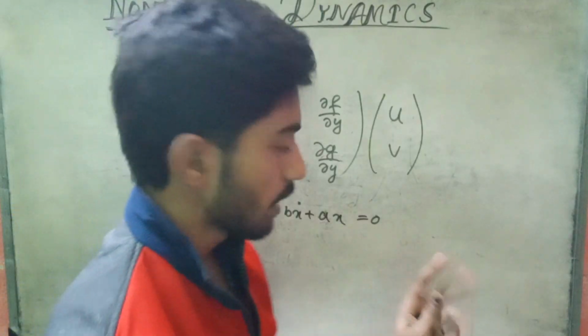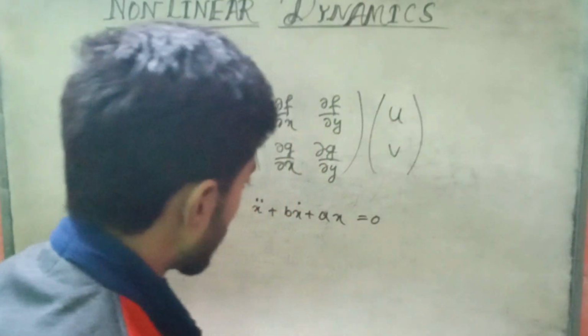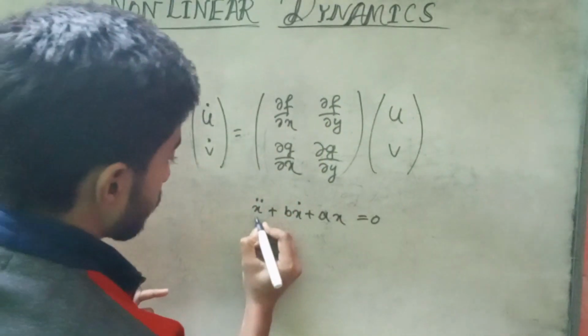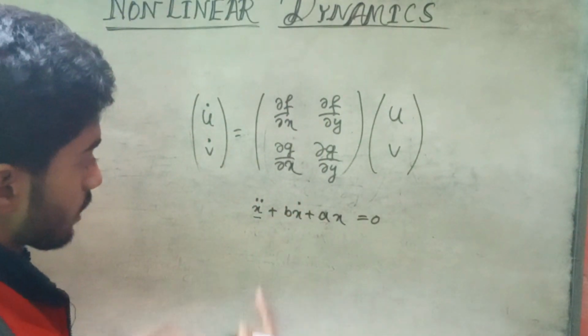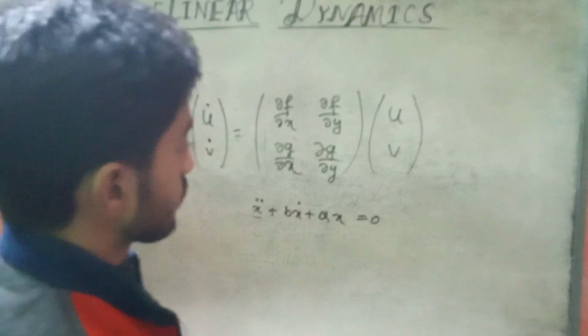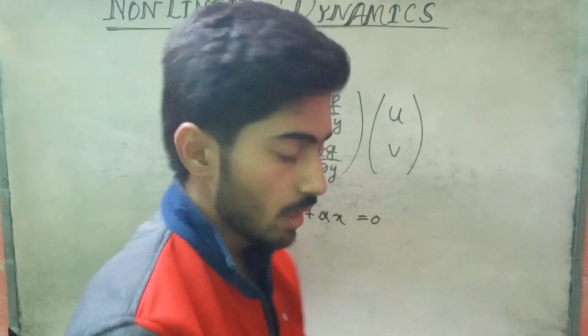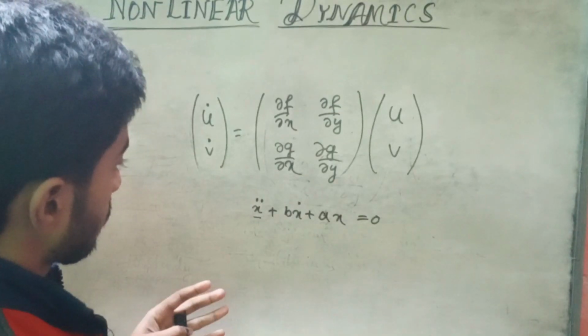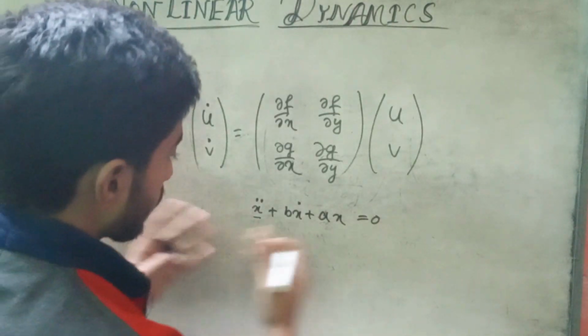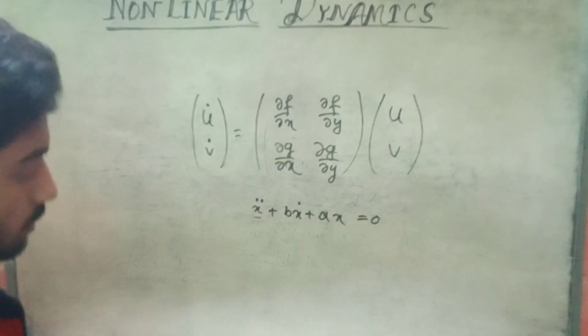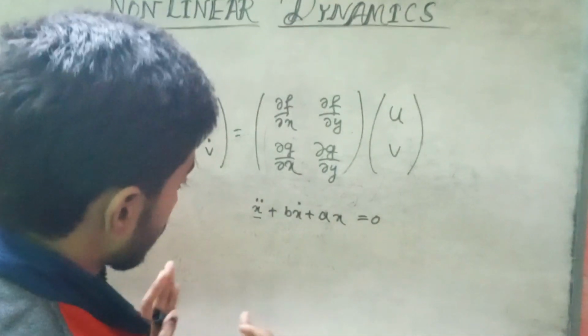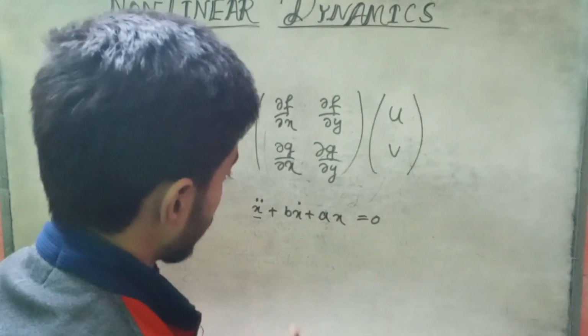So this is a linear differential equation. Why? Because the degree of the dependent variable x and its derivative is 1. That's why this is a linear differential equation. So we linearize a nonlinear dynamical system in linear form, right?